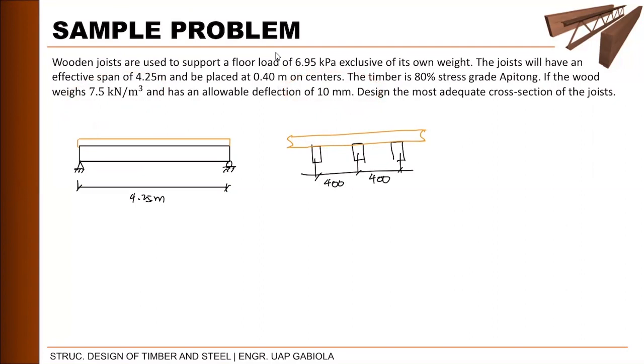Ngayon, itong floor load natin na 6.95, para matransfer siya dito sa length ng ating beam, ng ating joist, kailangan kunin natin yung tributary width natin, which is, select natin yung isang portion, yung isang beam, and then kunin natin yung tributary, yung half-half dun sa left and right portion niya, no?